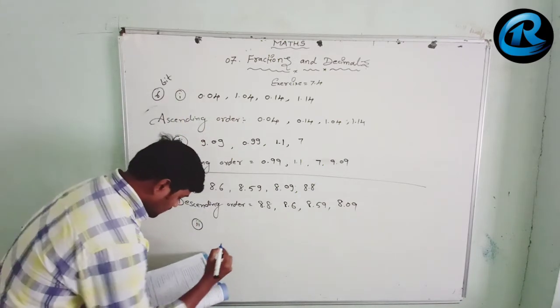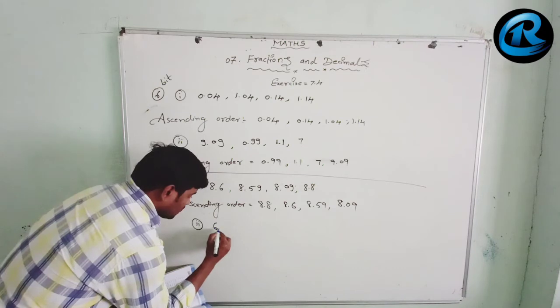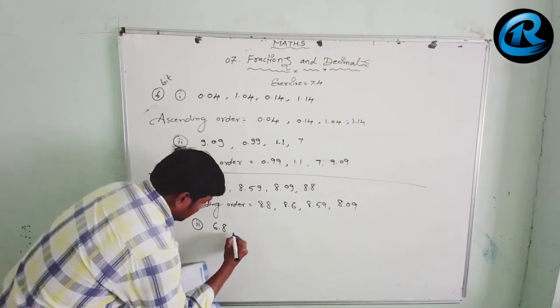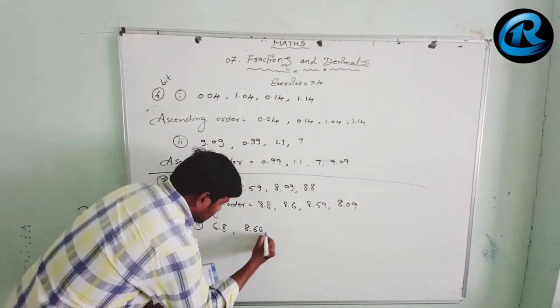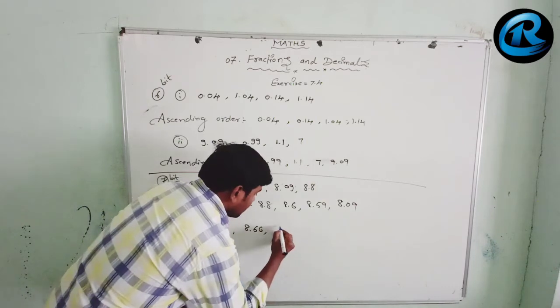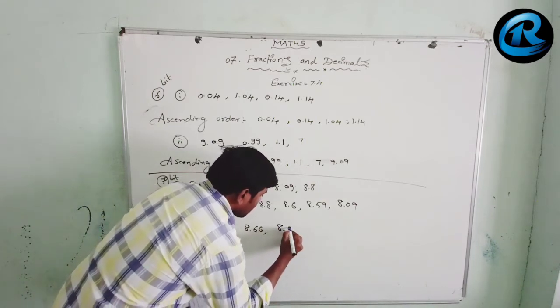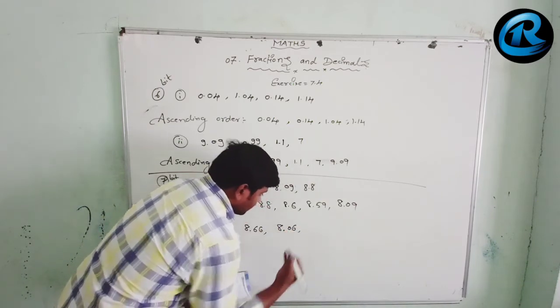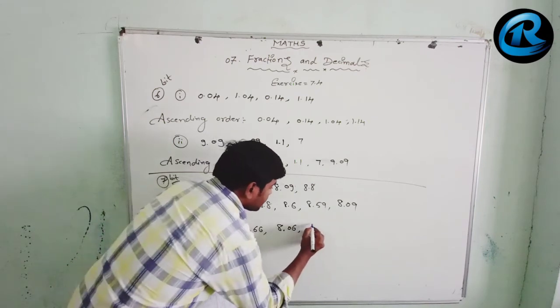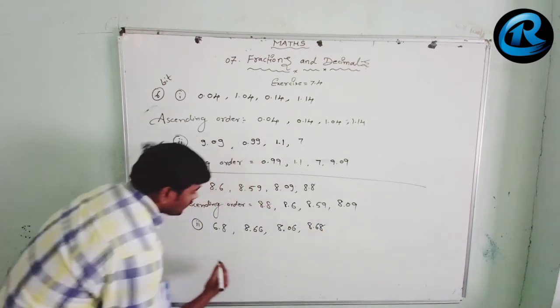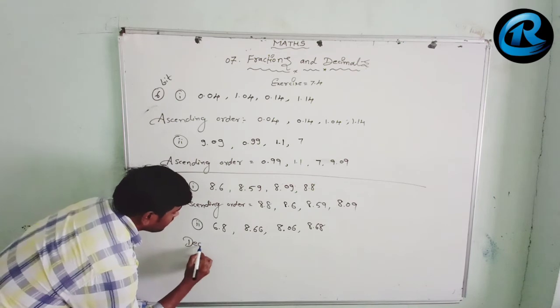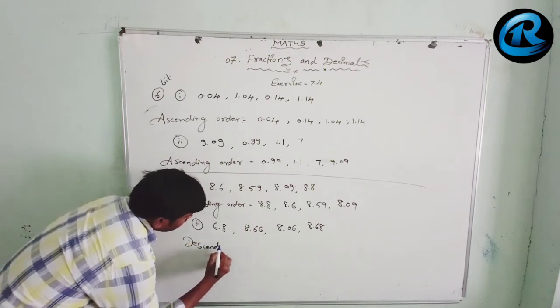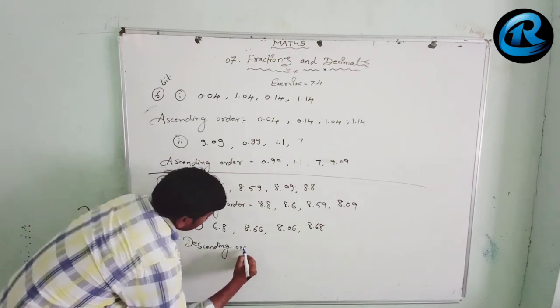Then we go for the second one. The second question is 6.8, 8.66, 8.08, 8.06 and 8.68. Let us write this in the descending order.